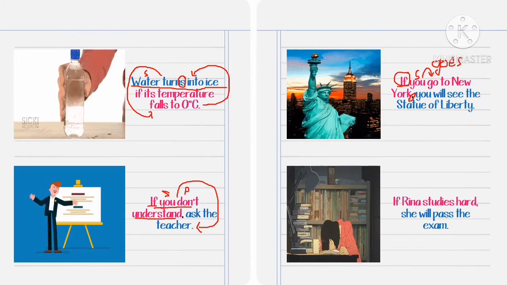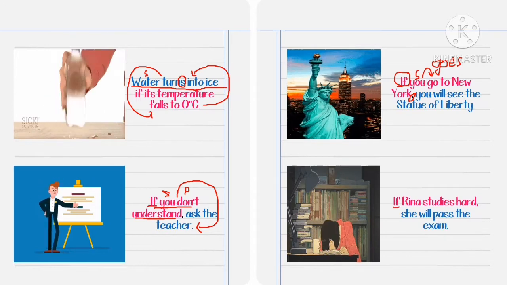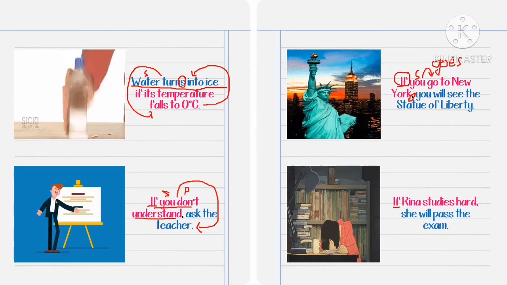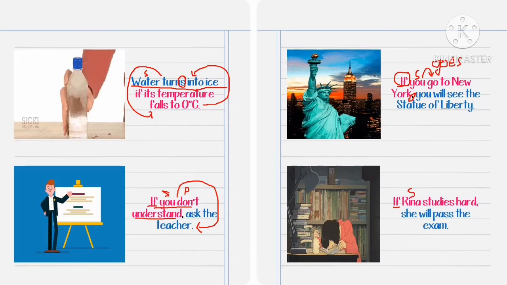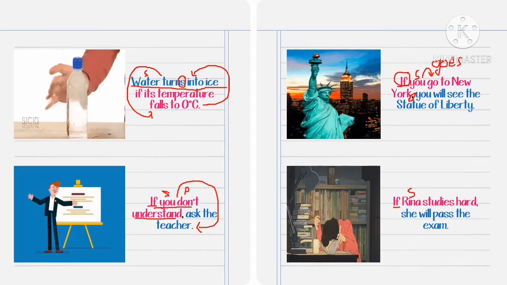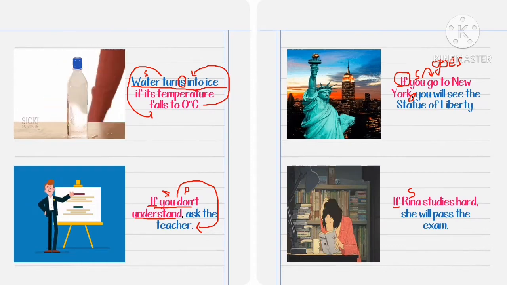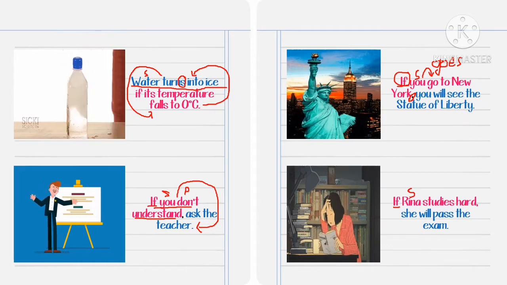If Rina studies hard, she will pass the exam. In this sentence, we start again with the if clause or with the if word, meaning to say, ito yung if clause natin. And then, our subject is Rina, which is singular. Since singular si Rina, kailangan ng singular verb. Okay.